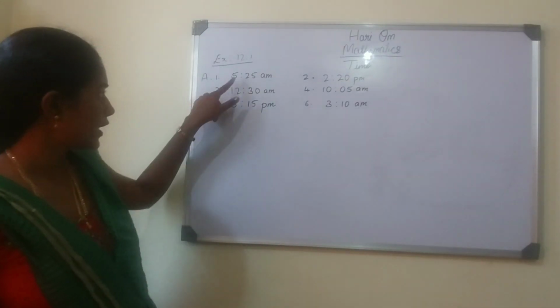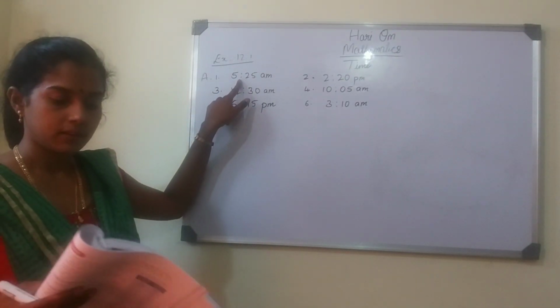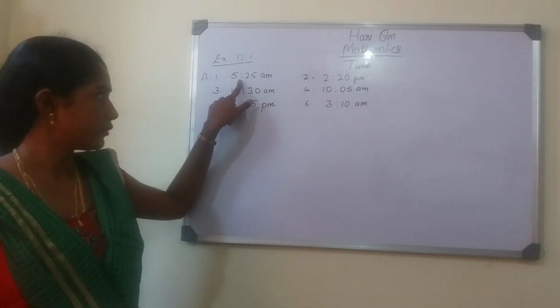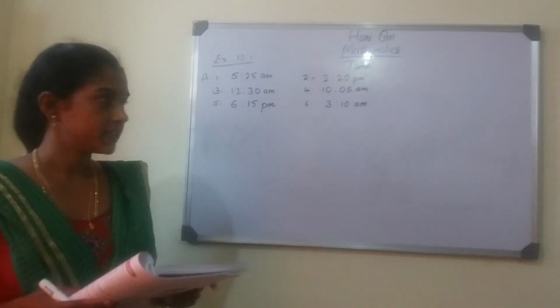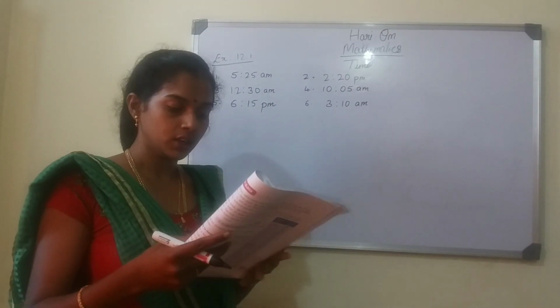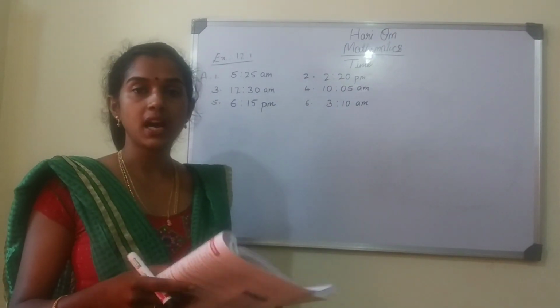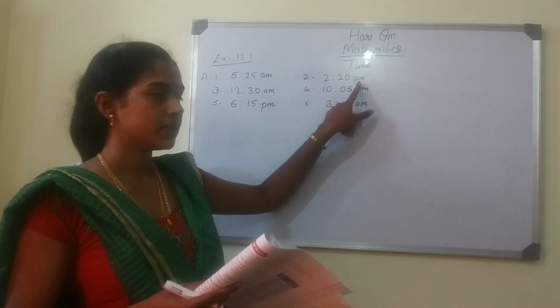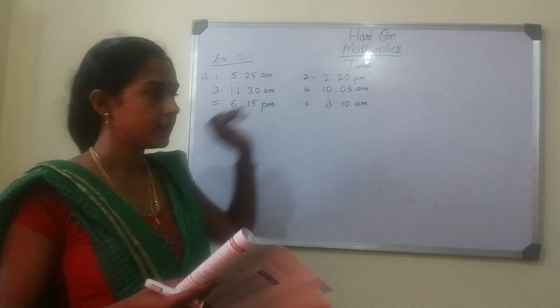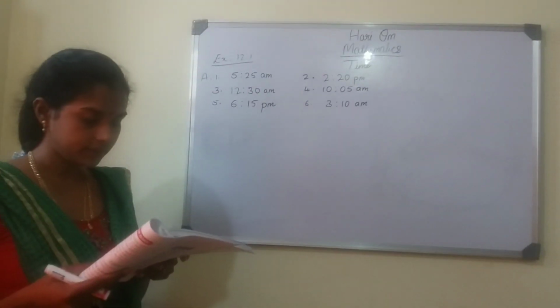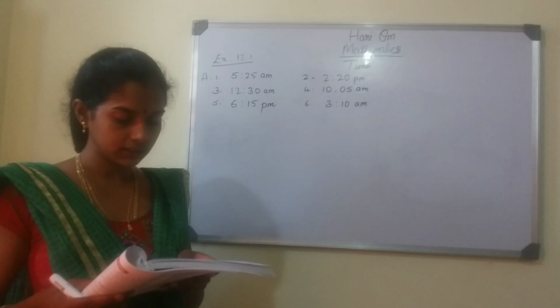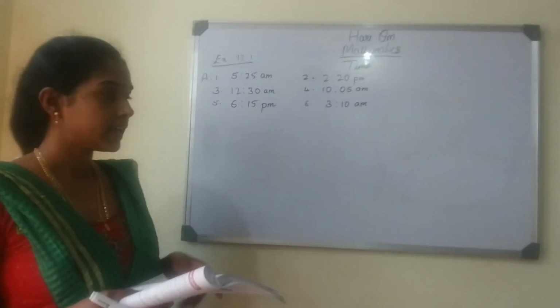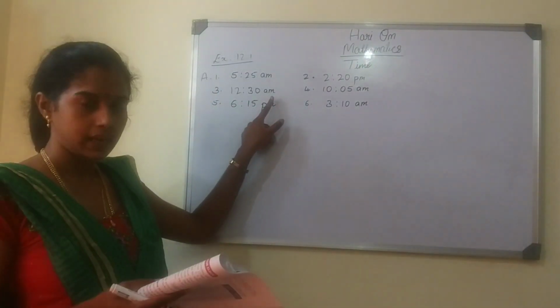So 5 o'clock 25 minutes morning is AM. Second one, 2 o'clock 20 minutes in the afternoon. Afternoon is PM. So that is 2:20 PM. Third one, night 12 o'clock 30 minutes. So that is AM, 12:30 AM.